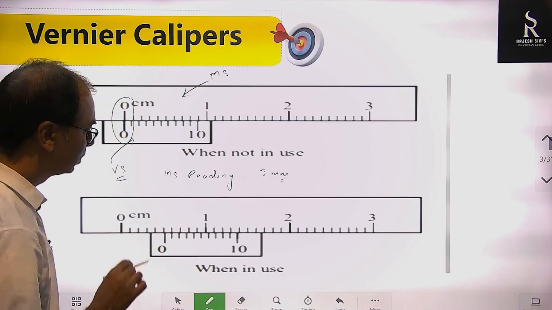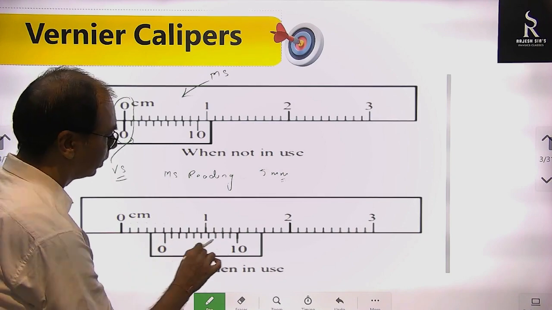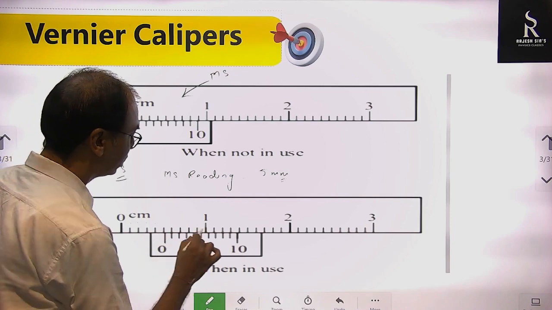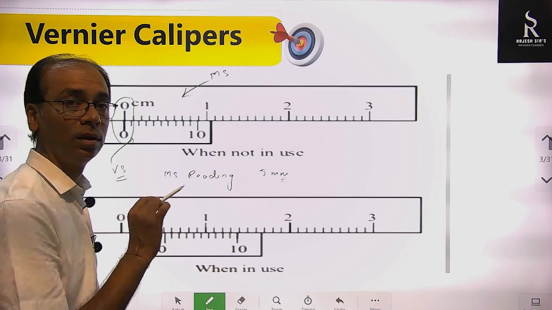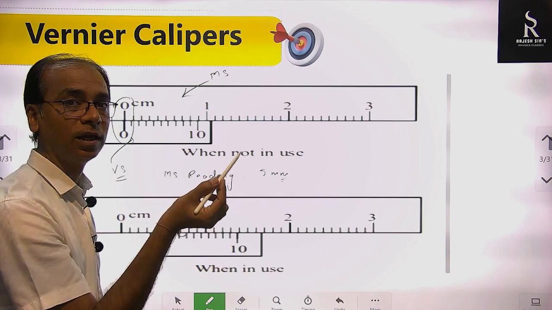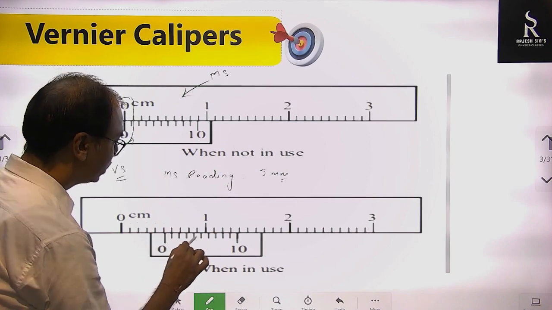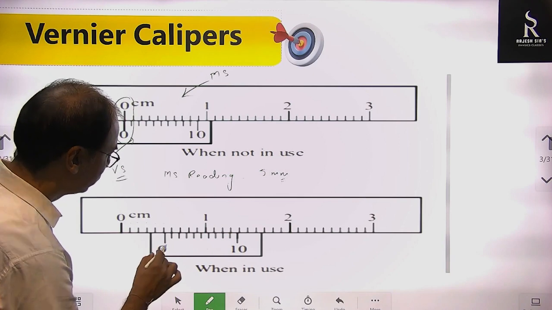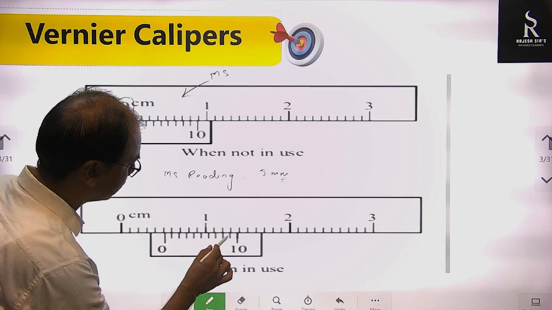What is the procedure? We have to find out which division of vernier scale is exactly coinciding with any division of main scale. That is why 19 divisions of main scale coincide with 20 divisions of vernier scale, right? So here, which division of vernier scale is coinciding with any division of main scale? 1, 2, 3, 4, 5, 6, 7, 8, 9, 10.